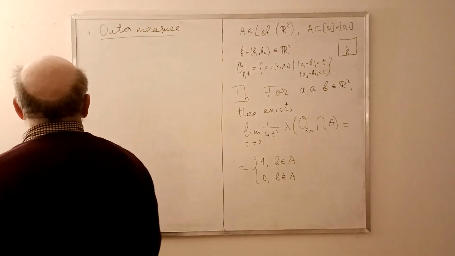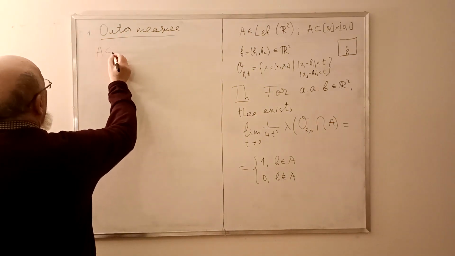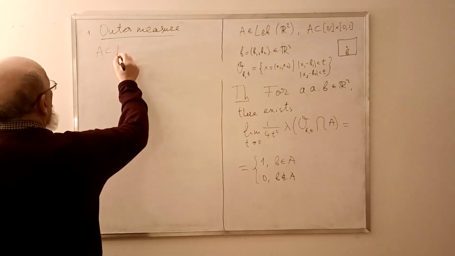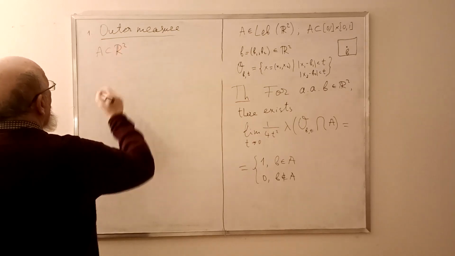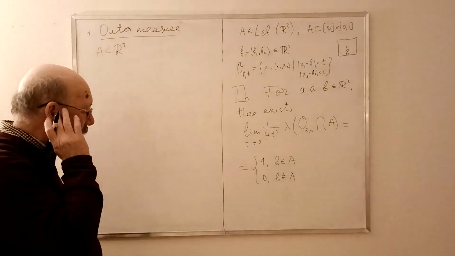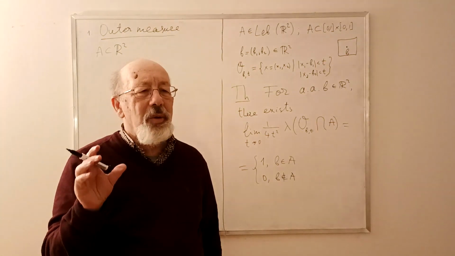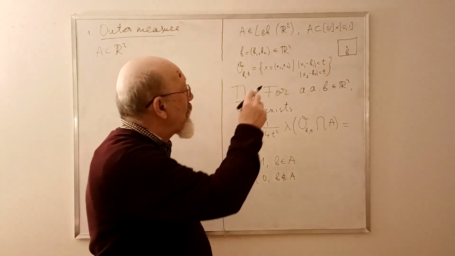We consider the set A in, say, R2, and we consider a covering of this set by a countable set of these small squares.